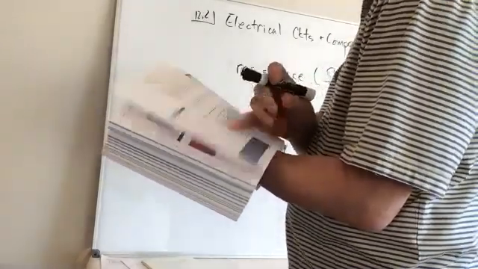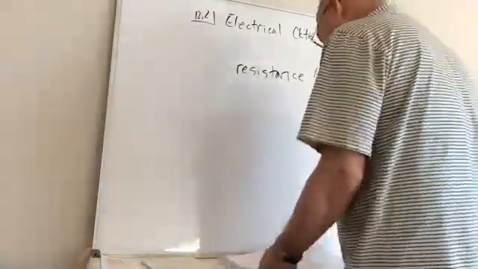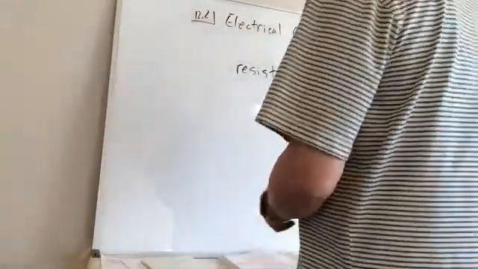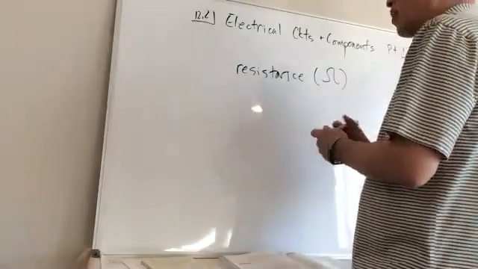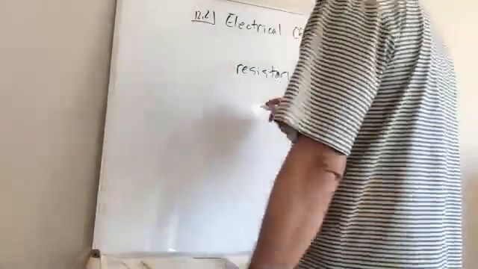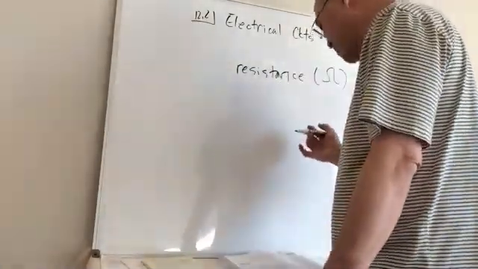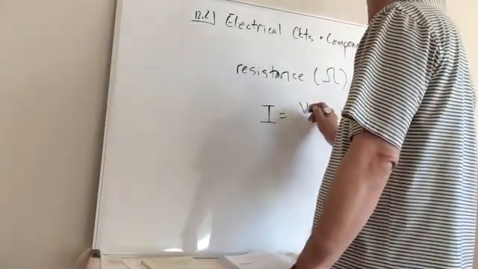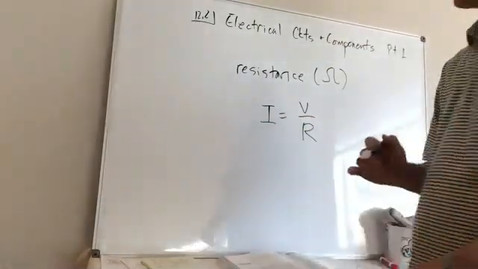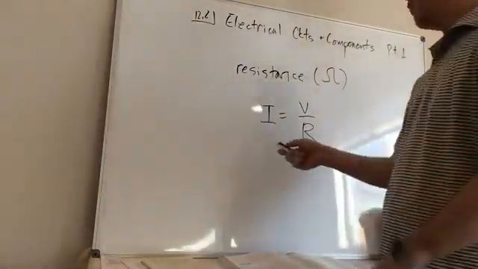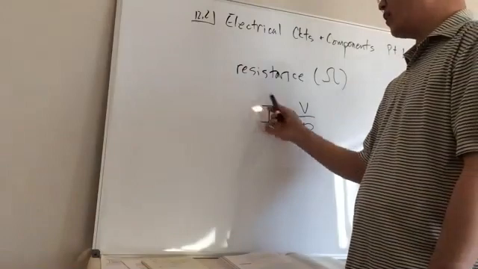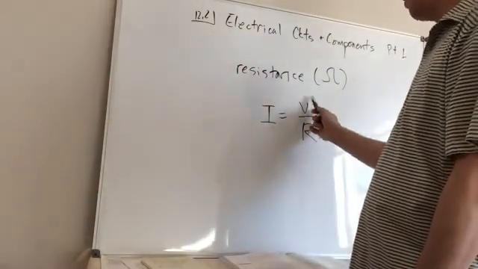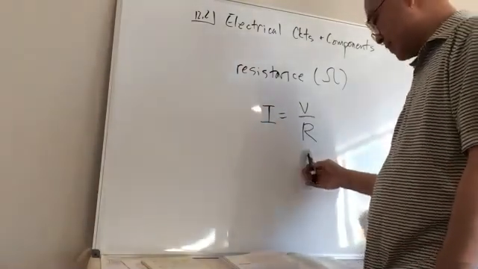Let's go ahead and flip the page. Ohm's law. So Ohm's law is really where we start. The book gives you V is equal to IR. The traditional way is that we have the current flowing is the voltage divided by the resistance, okay?